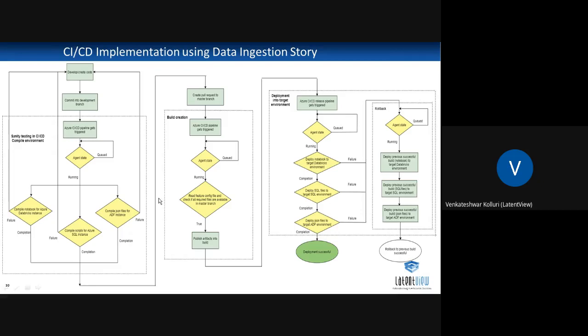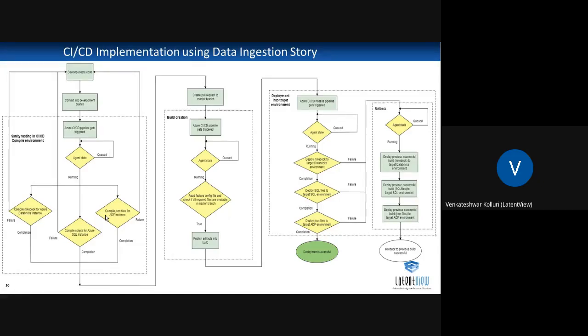This is the process flow which we have customized as per our requirements. We have segregated the process flow into three divisions: sanity, build, and deployment. Whenever we push files into the repository, we do sanity testing for each and every service.